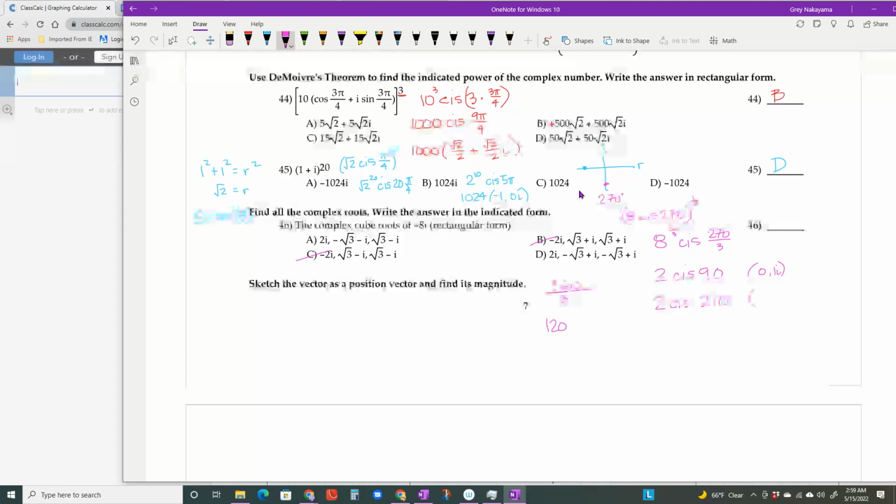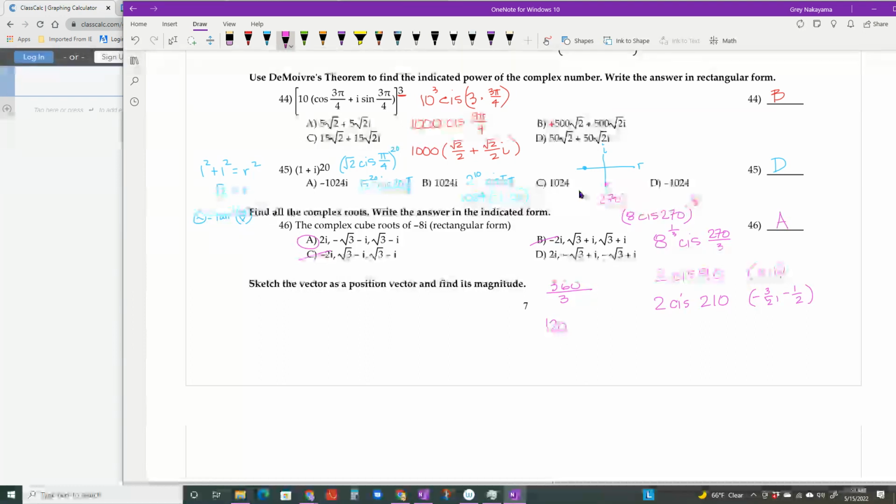The coordinates of 210 are negative square root of 3 over 2, comma, negative 1/2. They're both negative. Well, these don't both have a negative. Only this one has both negatives, so you can stop there. That doesn't look right. Got square root of 3 over 2.